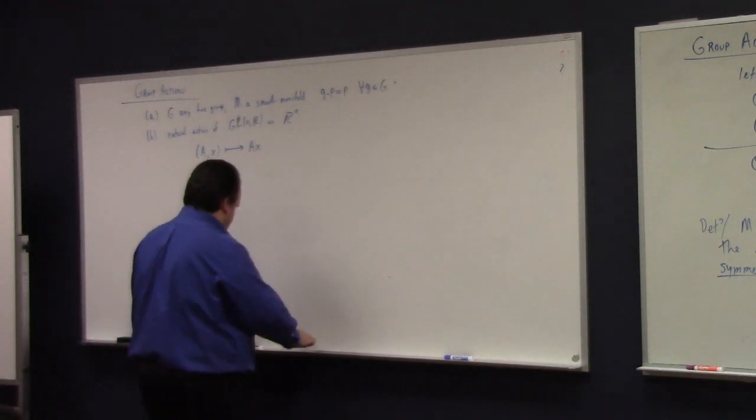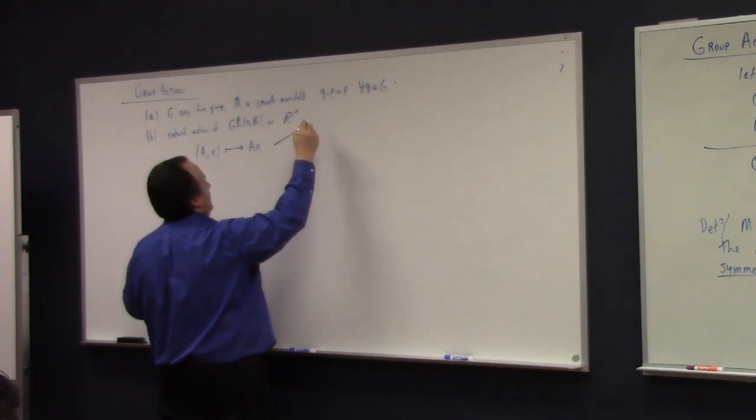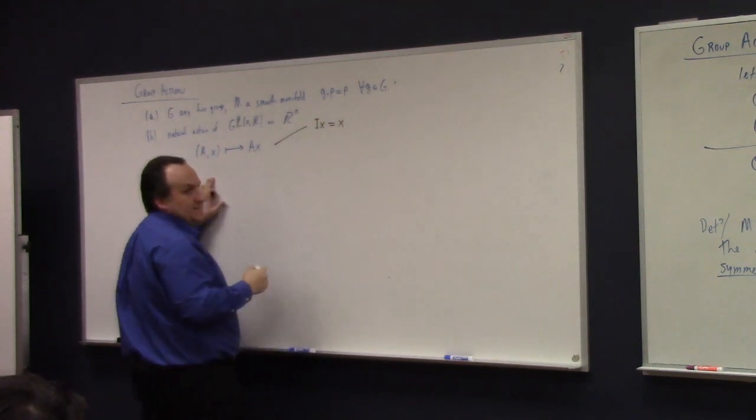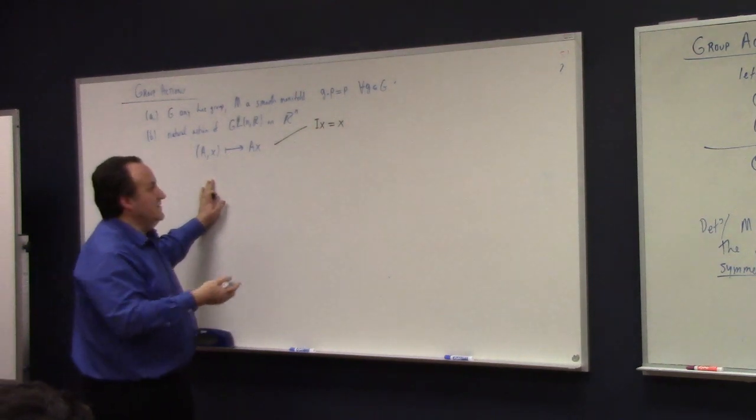Is that smooth? Well, yes, because matrix multiplication is smooth. And the identity matrix on X is equal to X, so the identity matrix is the identity element for this action.